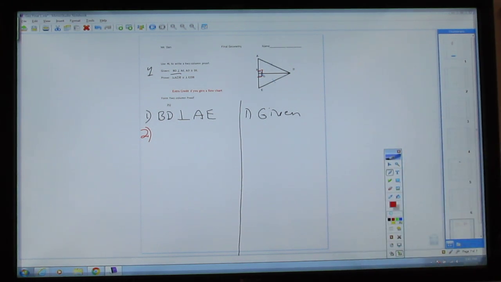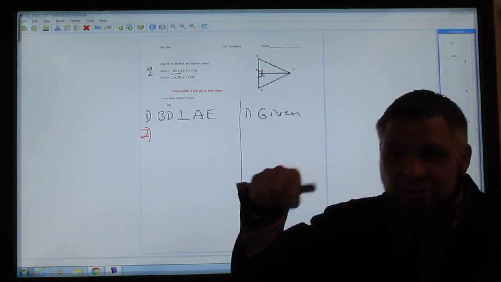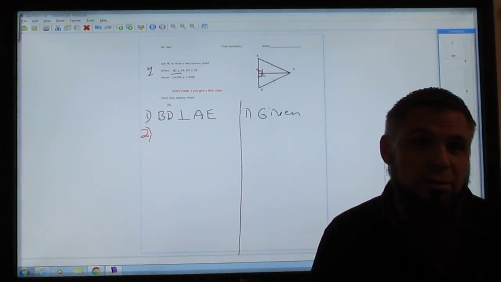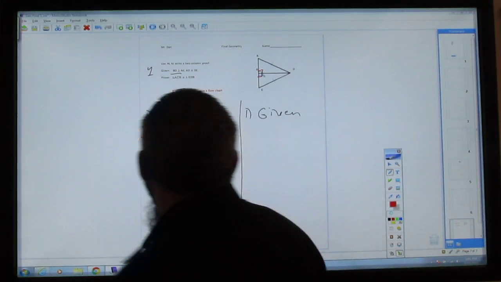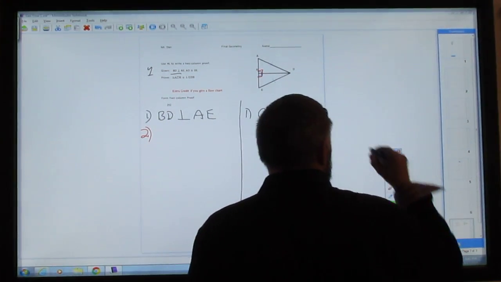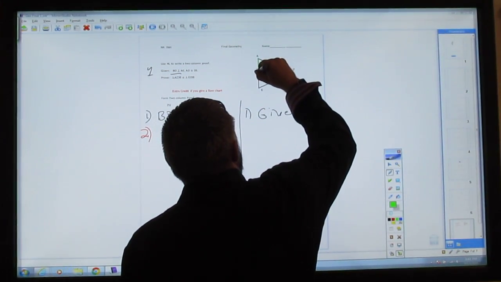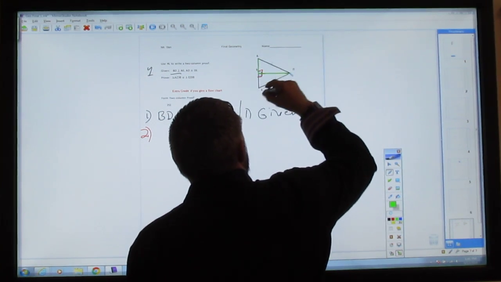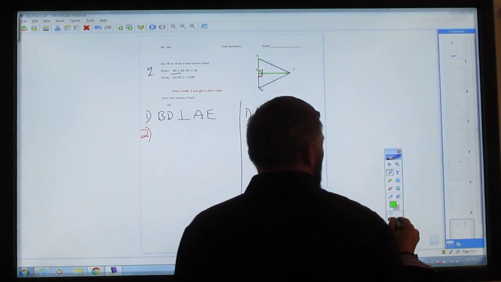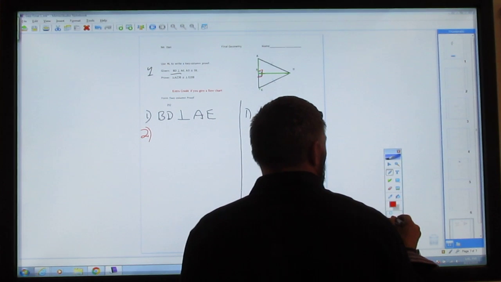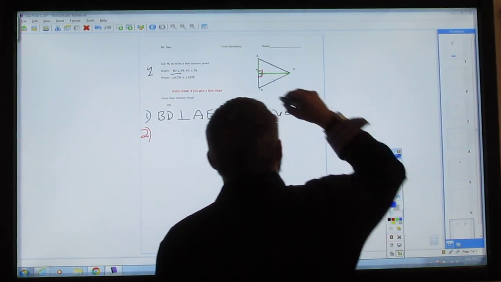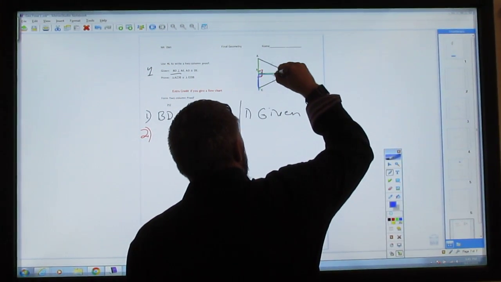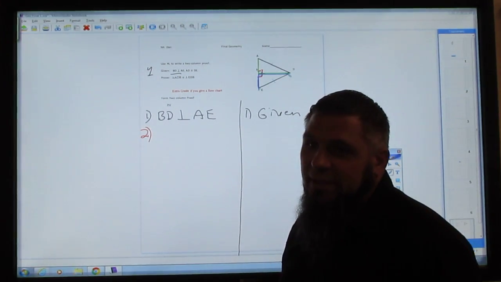Well, doesn't that mean that those angles are congruent? Right? So that means that angle ABD is congruent to angle EBD. Does that make sense?